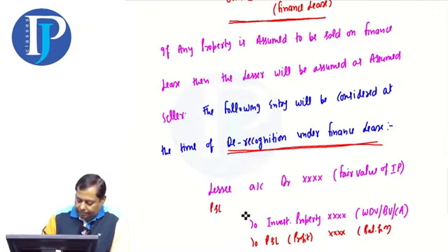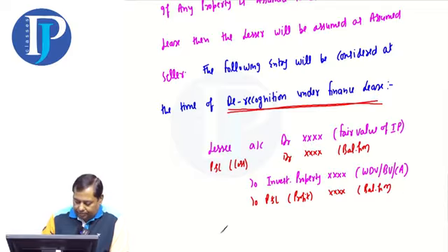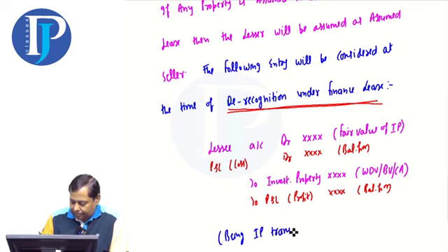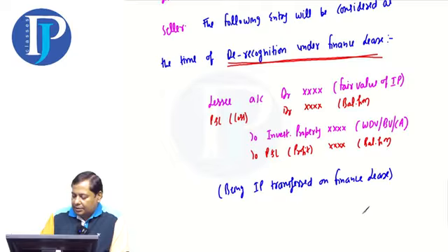Or P&L debit. Being IP transferred on finance lease.